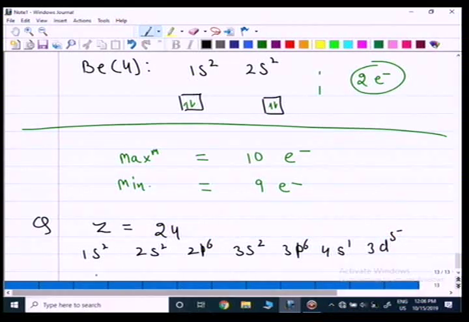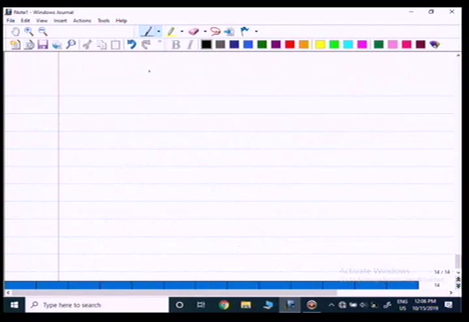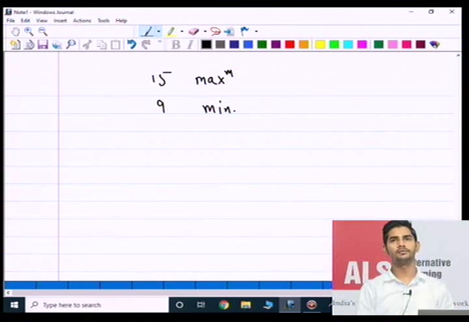So 1 from here, 2, and then 3 from here, 5, 6, 9, and 6, 15. Very good. So 15 max and 9 minimum. Very good, guys. Nice attempt. Okay, guys, let's take a 5 minute break and I'll see you in 5 minutes.